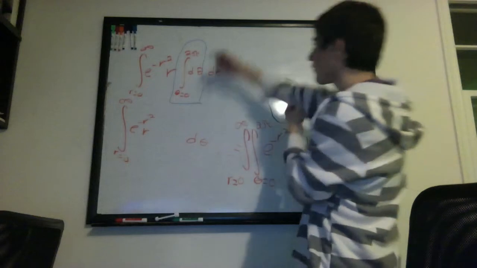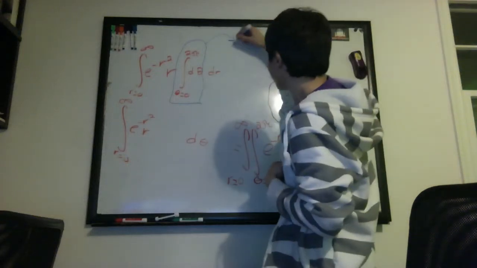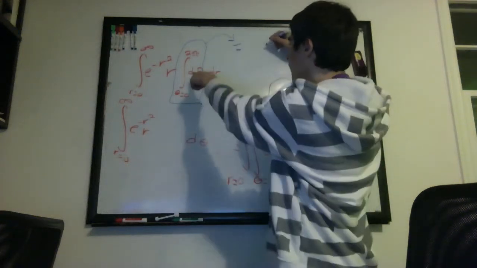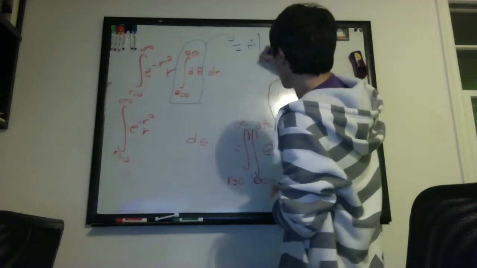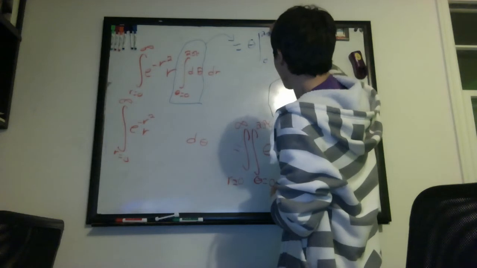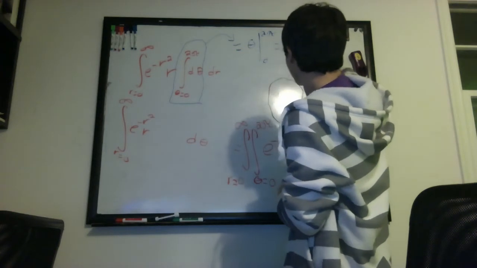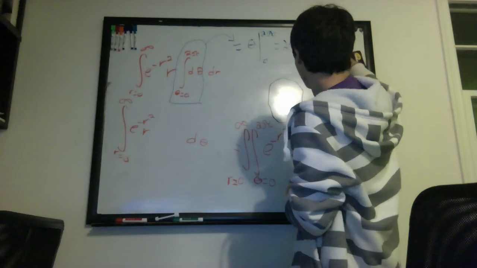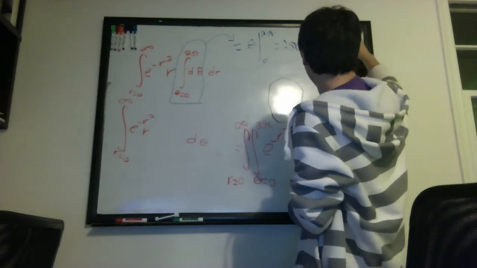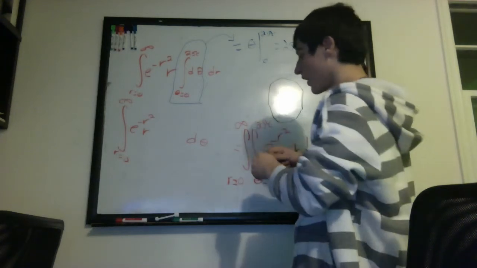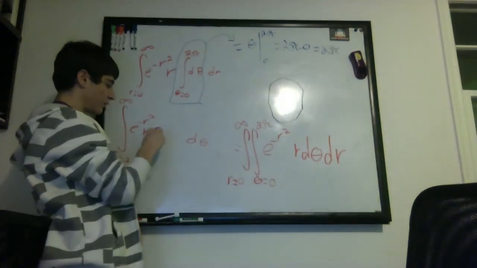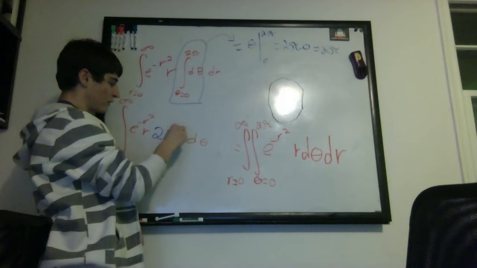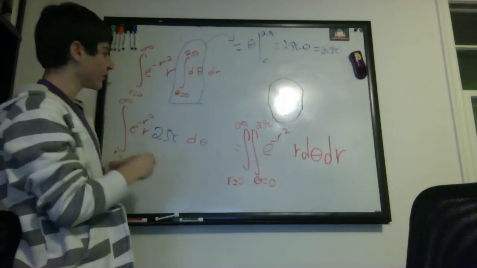So that integral is just going to be theta from 0 to 2 pi, which is equal to 2 pi minus 0, which is equal to 2 pi, right? So I can just write 2 pi instead of that integral here. So now we're back down to one integral. That's pretty good.